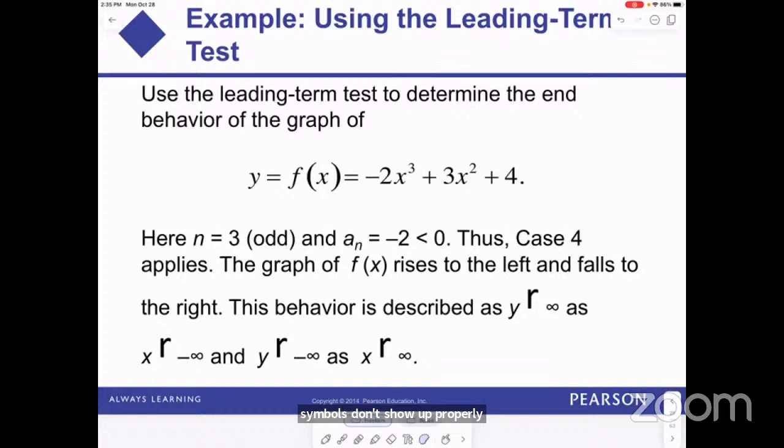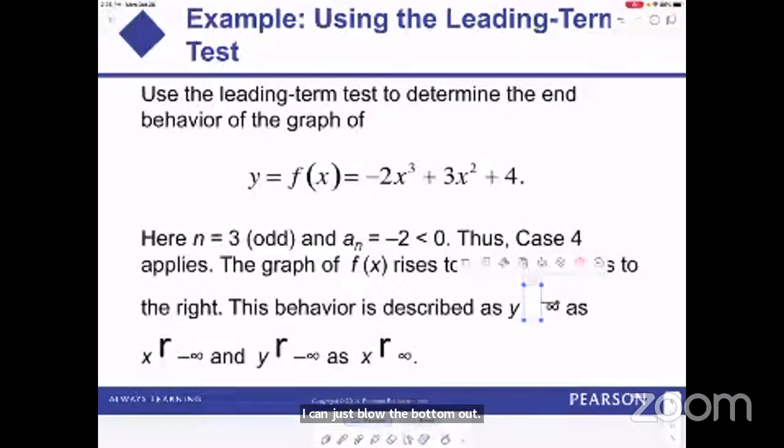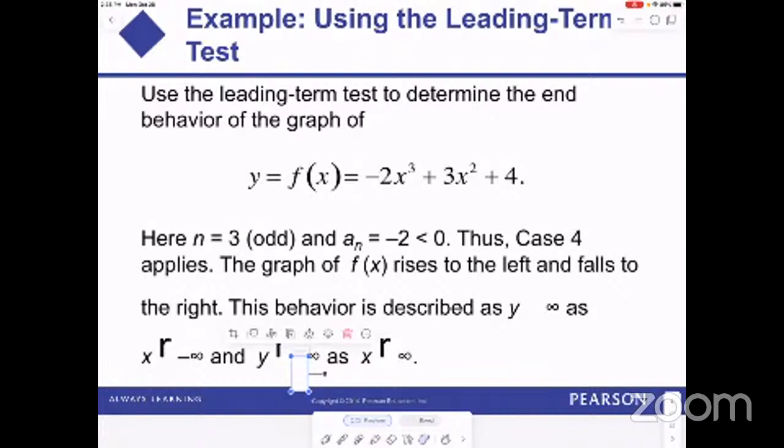So what I did before, copy and paste. I can just blot them out. Like that. Copy, paste, paste, paste.